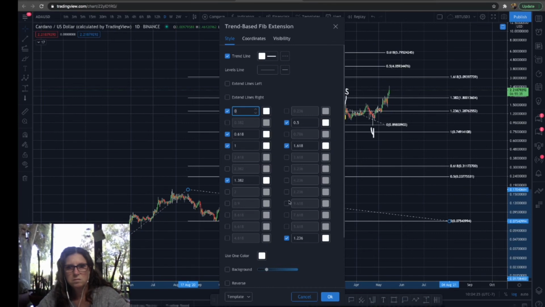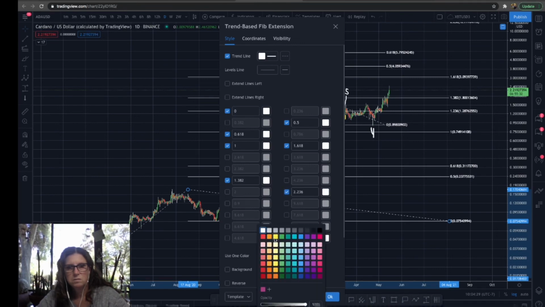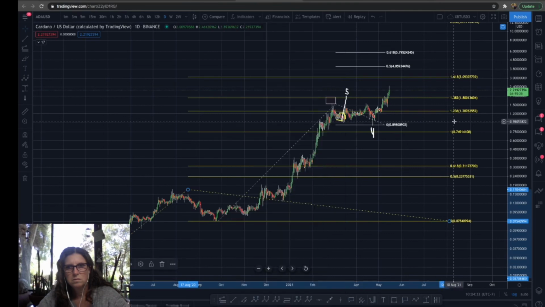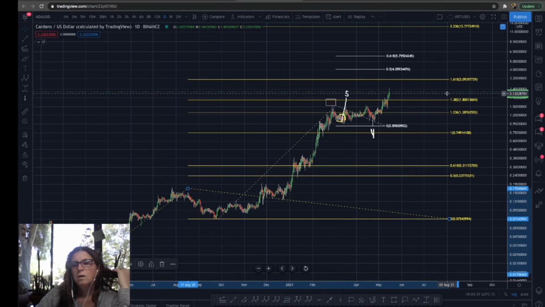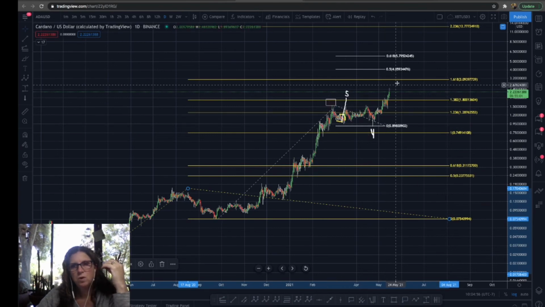Where is it? There it is. Okay. So this very well could be a subdegree 3, 4, 5.